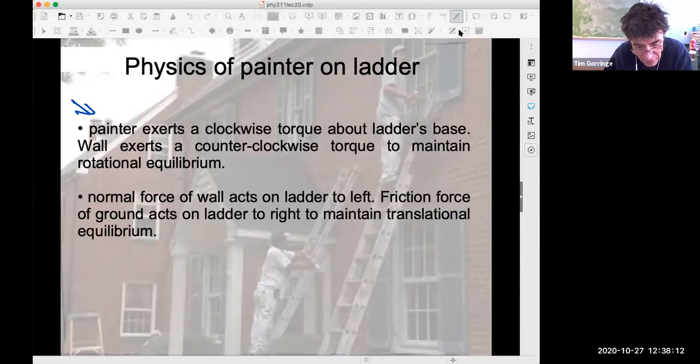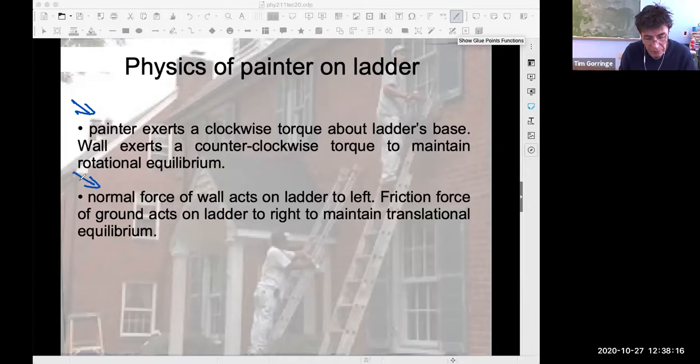Okay, second point I want to make about a couple of forces that are acting on the ladder. There's actually a force from the wall on the ladder that's pushing the ladder. If you look in this picture, it's pushing the ladder towards the left. There's another force acting on the ladder: the frictional force with the ground, and that's pushing the ladder to the right.